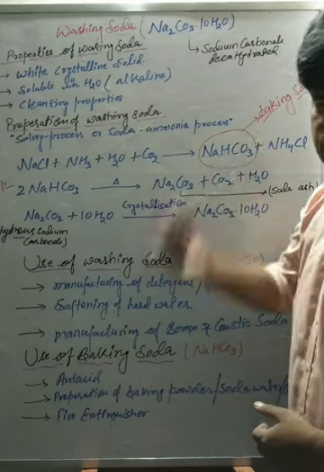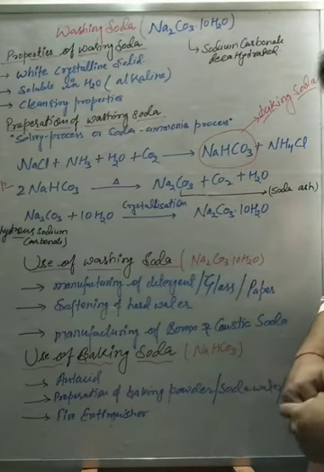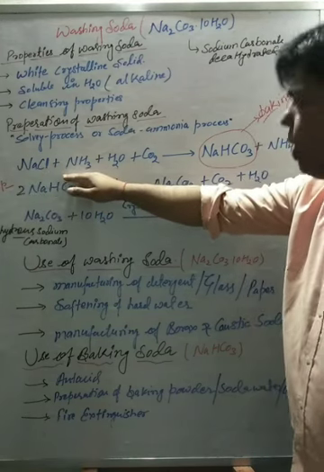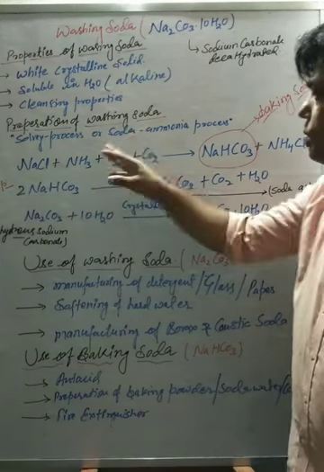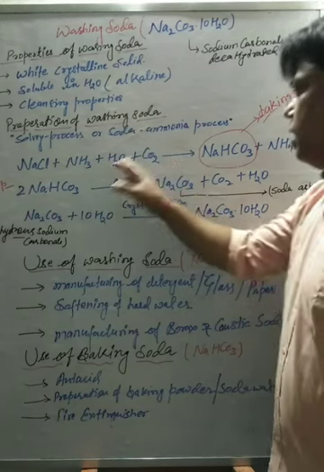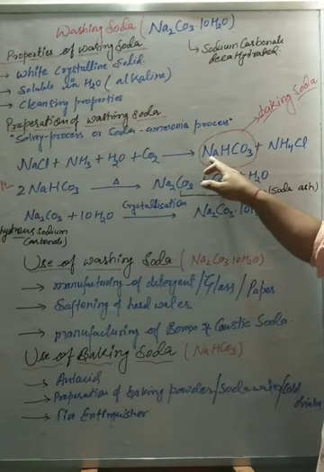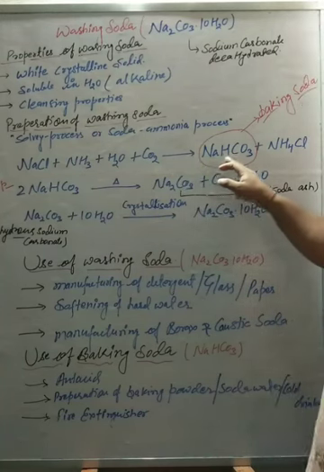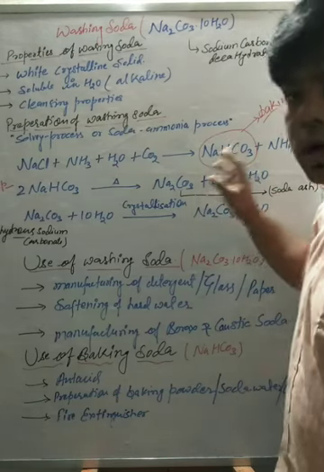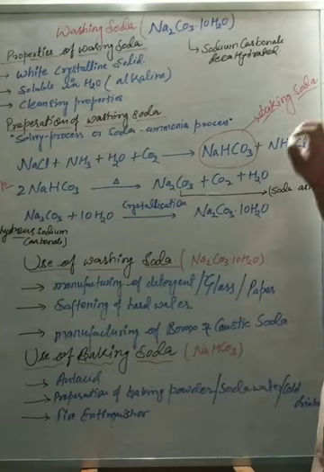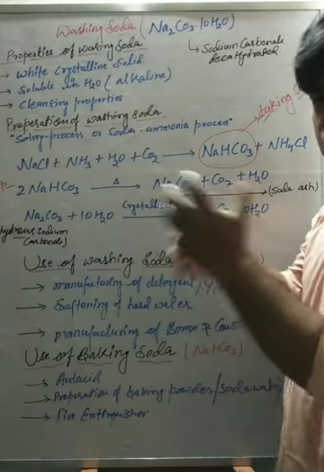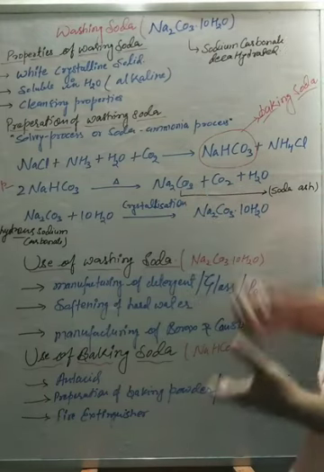When we react sodium chloride, that is our common salt, with ammonia and water, and supply some carbon dioxide to it, our product is sodium bicarbonate or sodium hydrogen carbonate. It is our baking soda. Baking soda is not completely dissolved in that solution, that's why we can filter it.